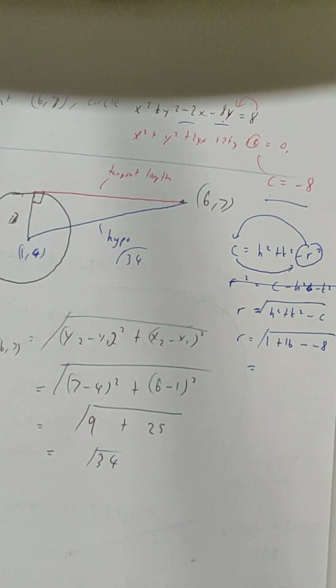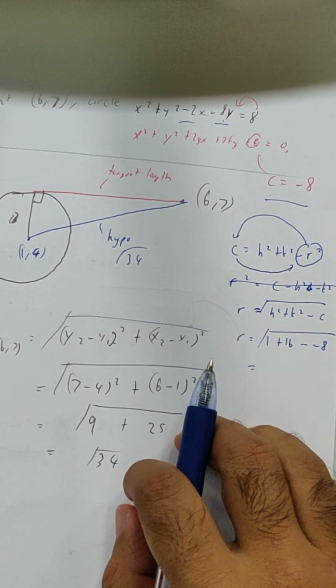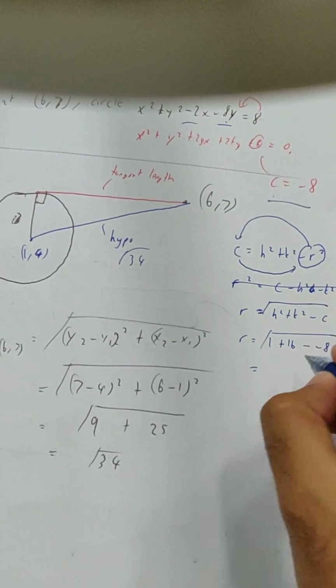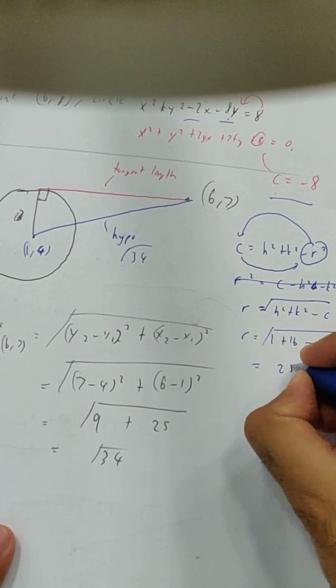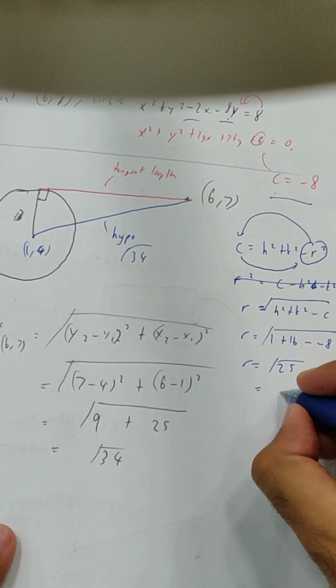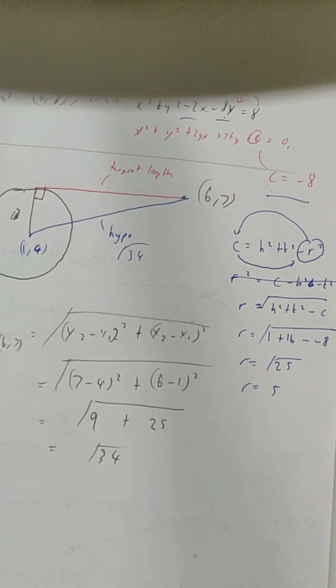So my radius squared is 25. My goodness. Now you're going to get the answers. So it's square root 25, so my radius is 5. So now if we plot in, we got radius 5.